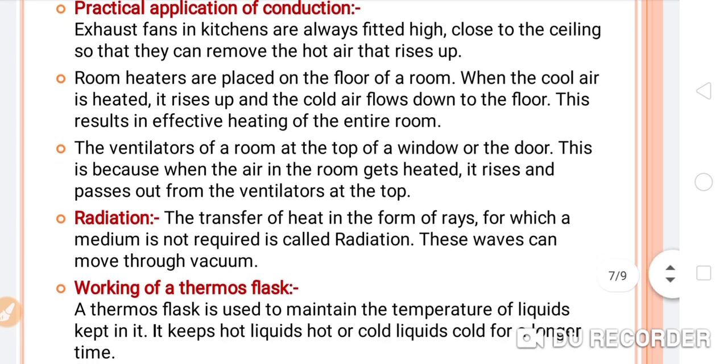Now third one, the ventilators of a room are at the top of a window or the door. This is because when the air in the room gets heated, it rises and passes out from the ventilators at the top. So these all were the three applications of convection.